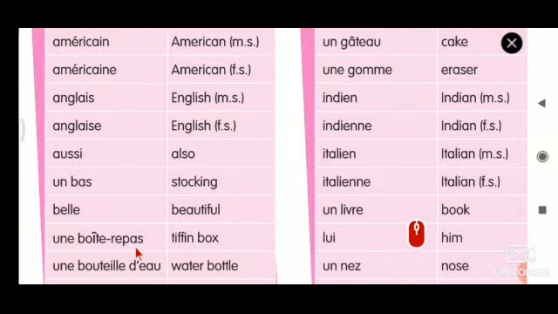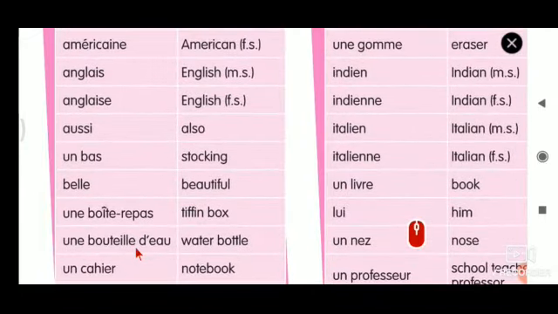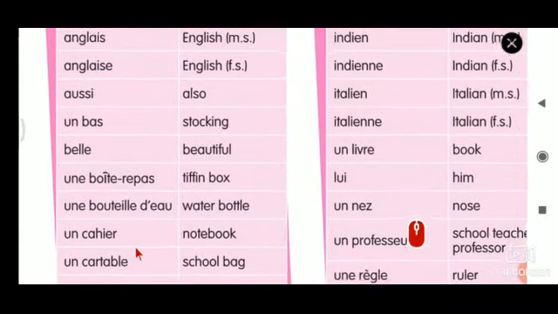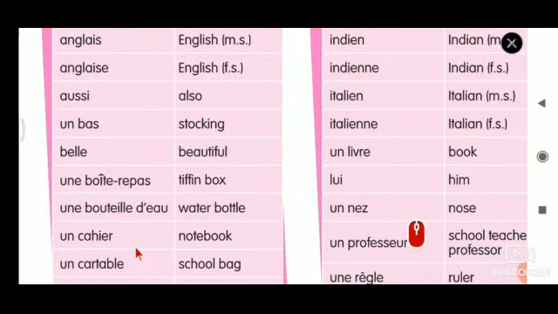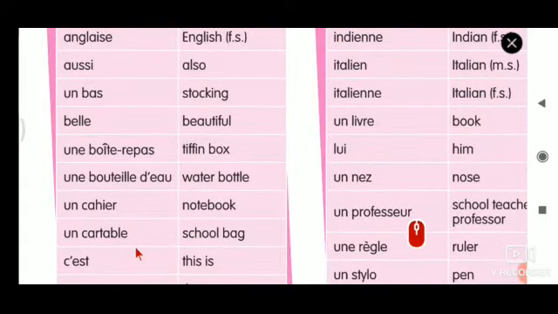Une boîte repas, une boîte repas, tiffin box. Une bouteille d'eau, une bouteille d'eau, water bottle. Un cahier, notebook. Un cartable, school bag.